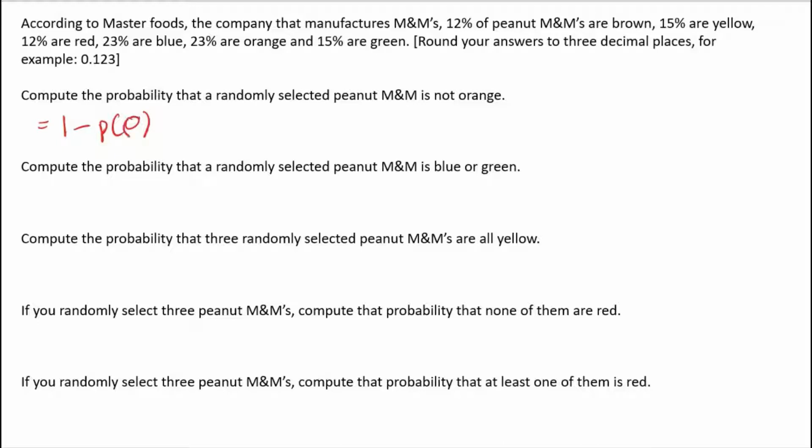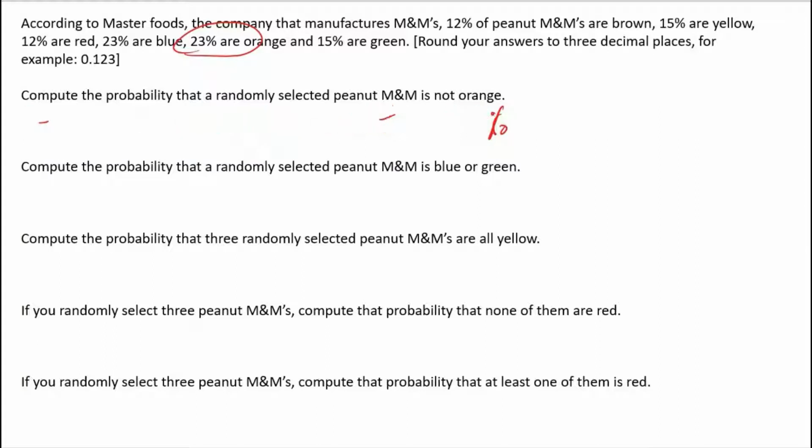The complement of selecting an orange is not selecting an orange, and it is equal to 1 minus the probability of selecting an orange. So this is equal to 1 minus 0.23, which is equal to 77% or 0.77. So the probability of selecting not orange is going to be 77%.